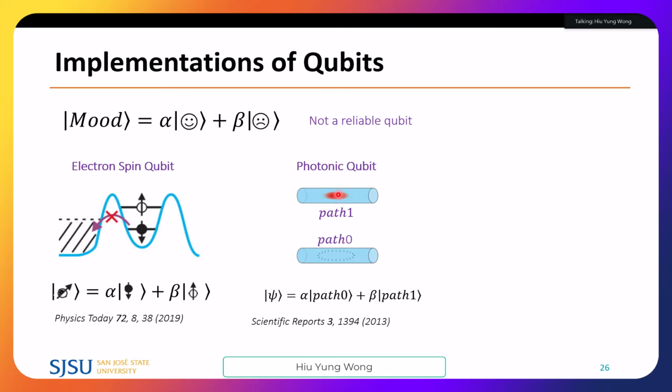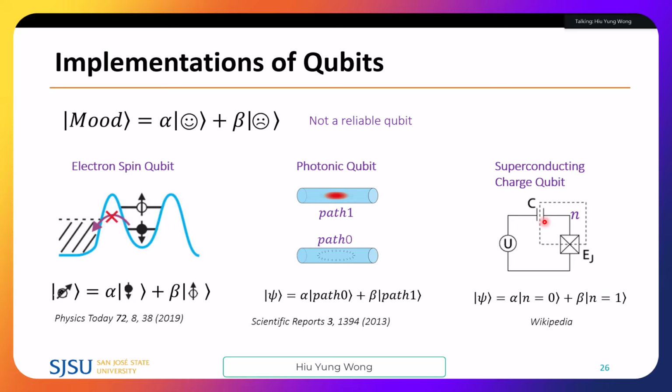If the photon is on the top path, then it is state 1. If it's on the bottom path, then it is state 0. If you don't observe it, it can be a linear superposition of up and down. This is something we always hear in quantum mechanics, right? I can be in this room, or actually, with a 10 to the power negative 20 chance, I am actually in Texas. That is, my wave function does have that probability.